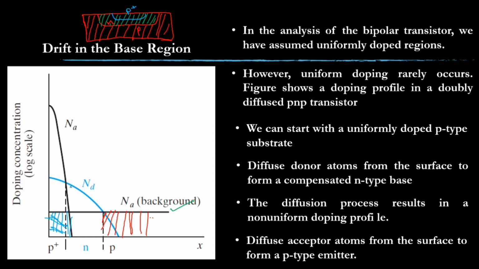Between the highly doped p region and the moderately doped p region, the material is n-type. So I get a P plus NP transistor here.